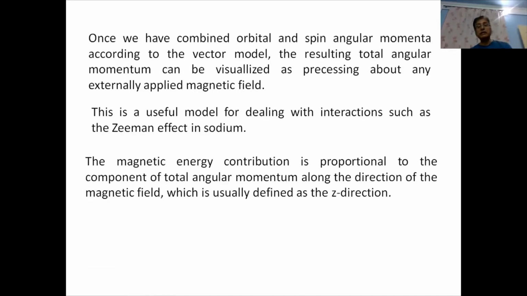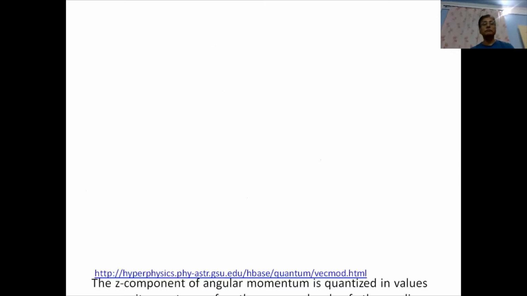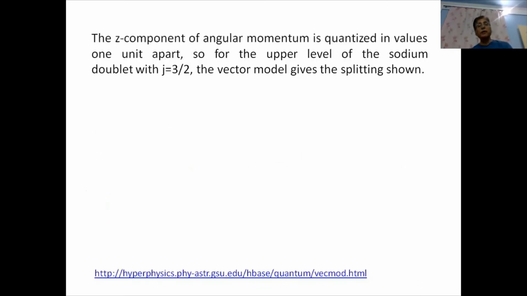The magnetic energy contribution is proportional to the component of total angular momentum along the direction of the magnetic field, which is usually defined as the z direction. The z component of angular momentum is quantized in values 1 unit apart.